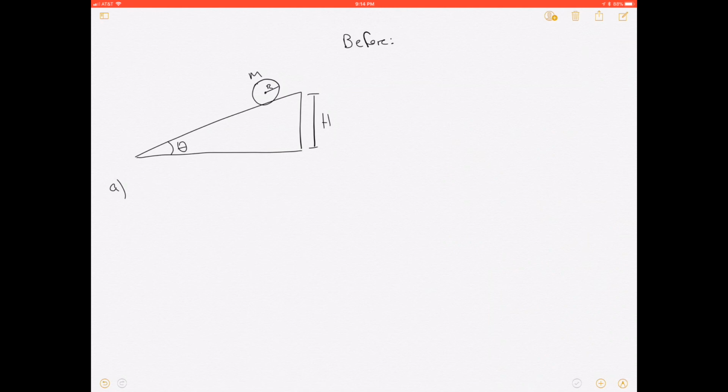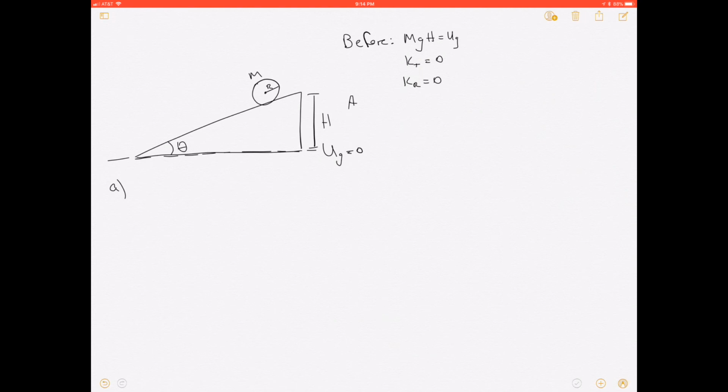This here, we're going to set as our potential energy equals 0 line. So before we have mgh, that's equal to U, and we have no translational kinetic energy, and we also have no rotational kinetic energy.